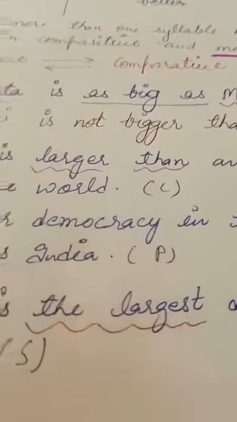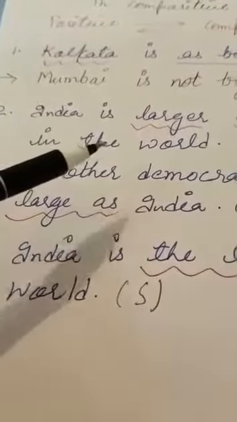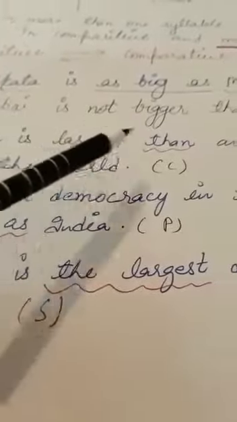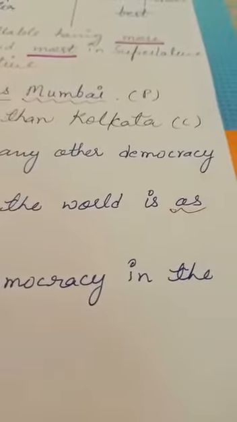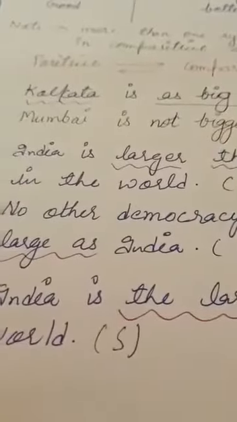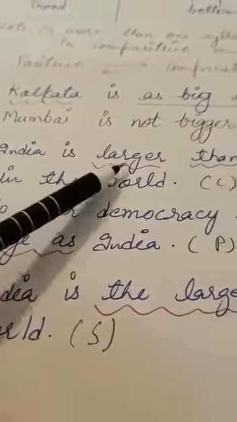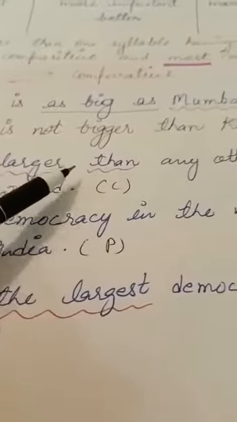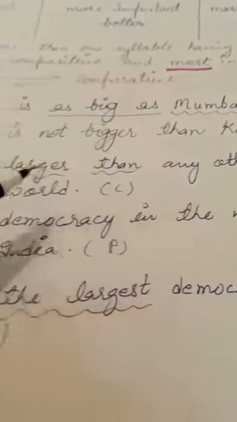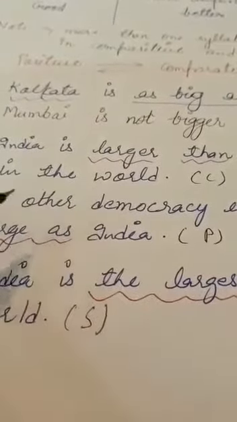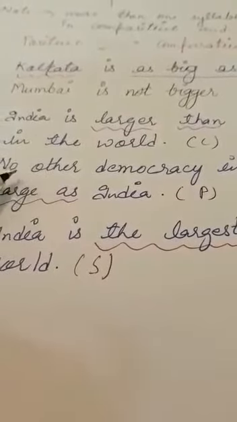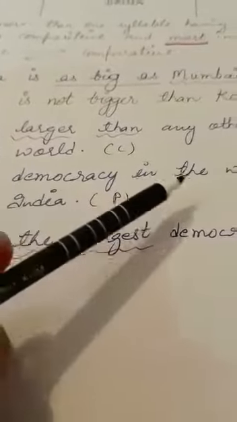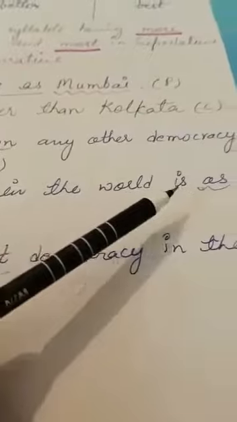Now see sentence number 2. India is larger than any other democracy in the world. Now this is comparative. Now we'll change into positive first. No other democracy in the world is as large as India.